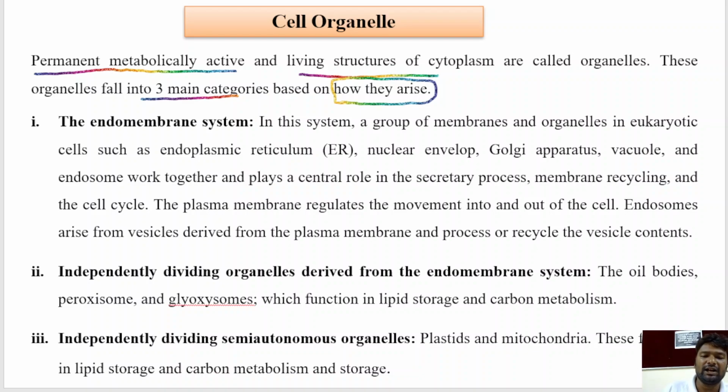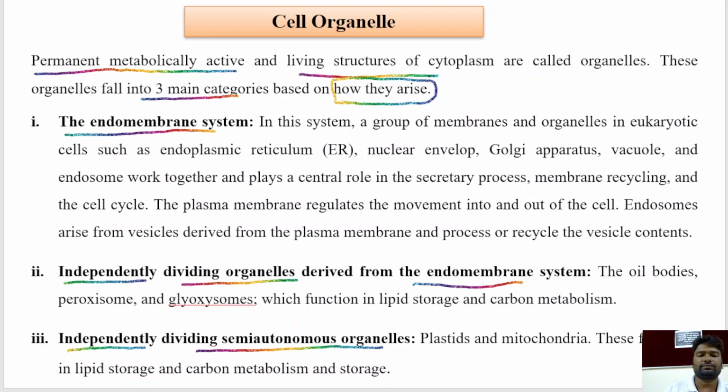The first is the endomembrane system, the second is the independently dividing organelles derived from the endomembrane system, and the third is the independently dividing semi-autonomous organelles.